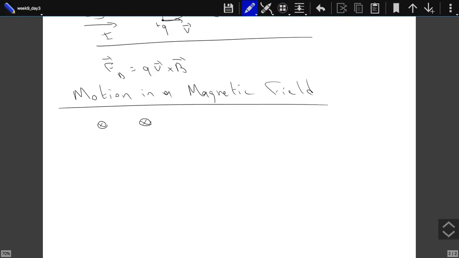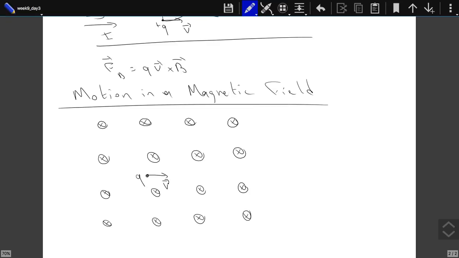So let's just imagine we have a region of space where there's a uniform magnetic field. And we send a charge into this region. So at this instant, what is the direction of the force?